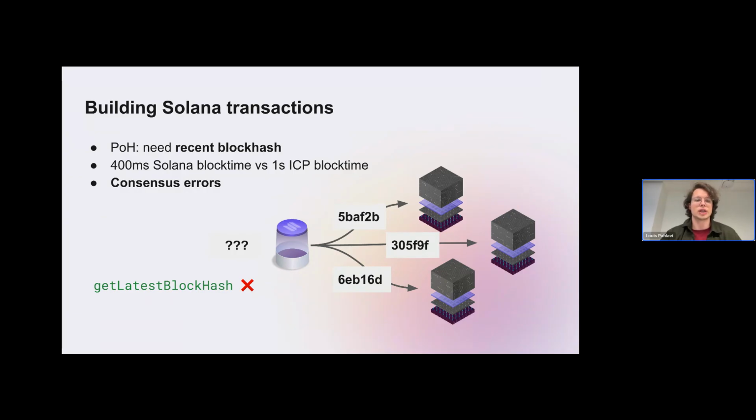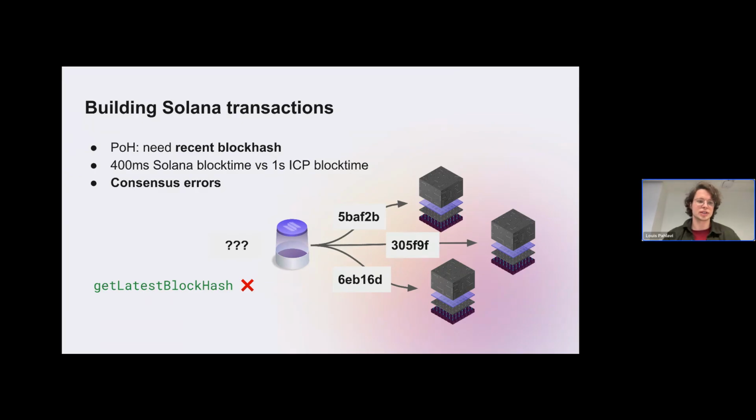So if a canister would just try to make an HTTP outcall to the get latest block hash method of the Solana JSON-RPC API, each replica would essentially make their request at a slightly different time and get a different hash value, and then there is no way to achieve consensus on this.